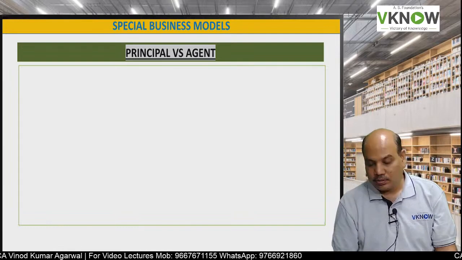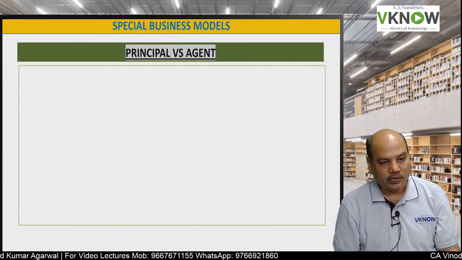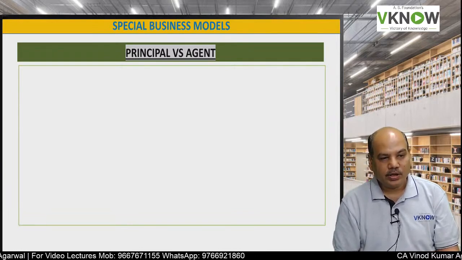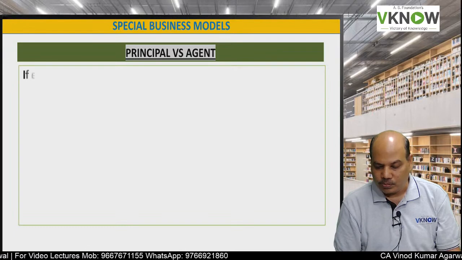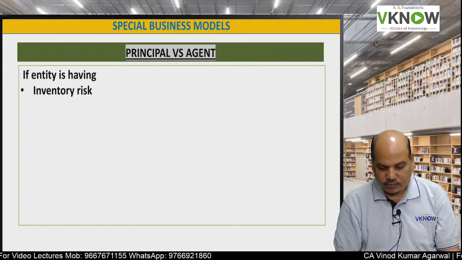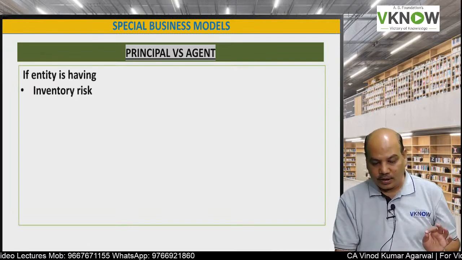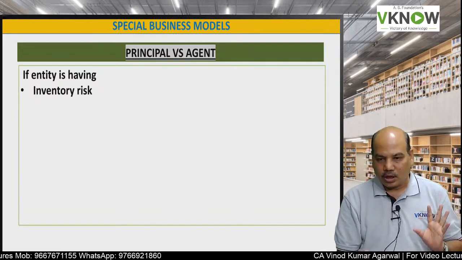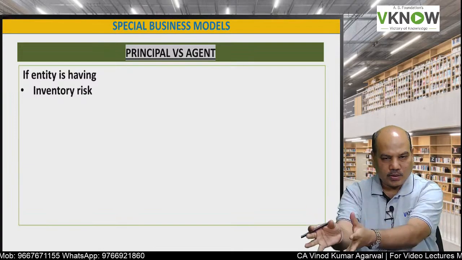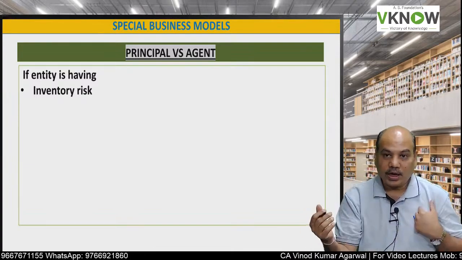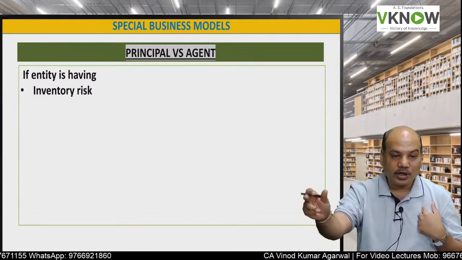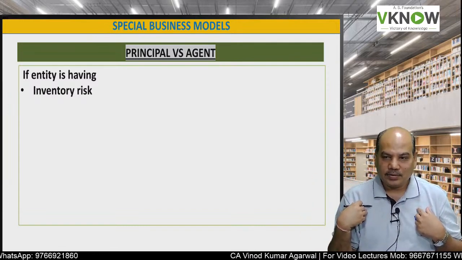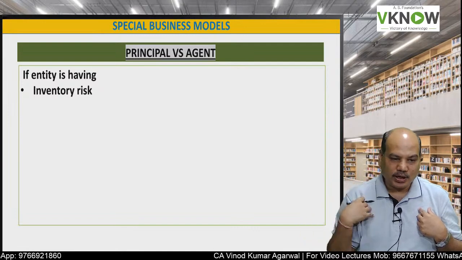Next, principal and agent: who should recognize revenue, and how to identify whether the other party is your principal or agent. If the entity has inventory risk, I have sold goods to another party, but I carry the inventory risk. If he is not able to sell, I will have to take those inventory back. If the inventory becomes obsolete, that is my risk.